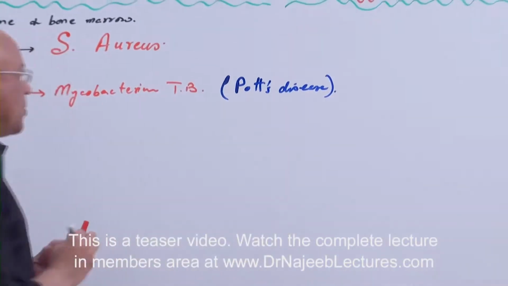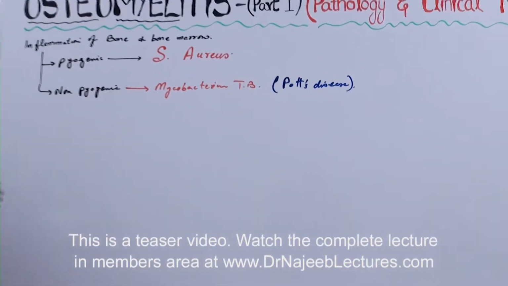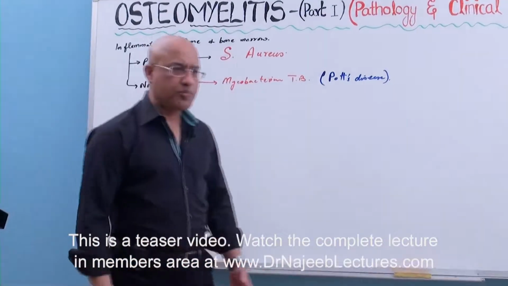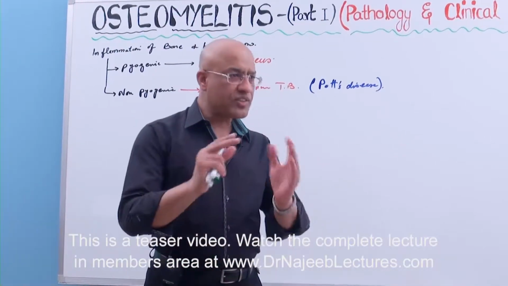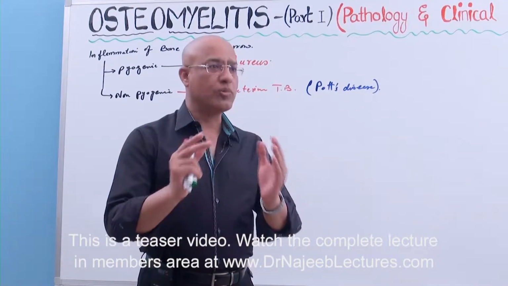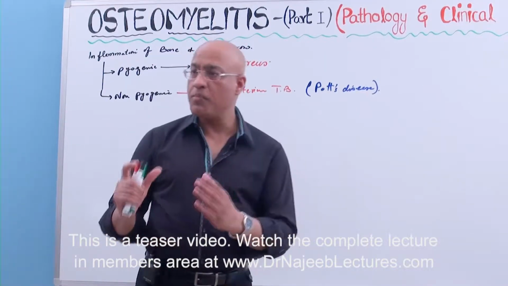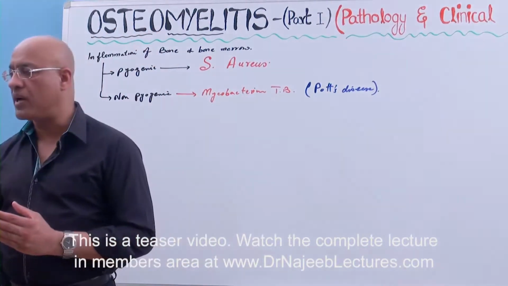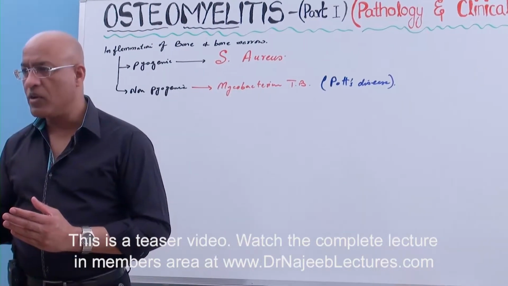Now, the question is that bones are usually deep. They are covered by the skin and some soft tissue, and a very important membrane which protects the bone from infections, that is the periosteum.